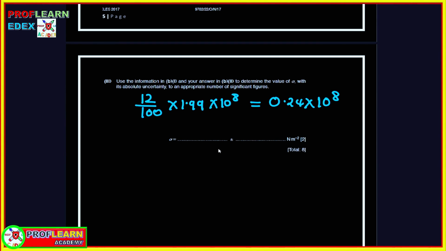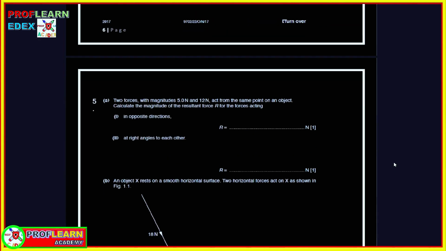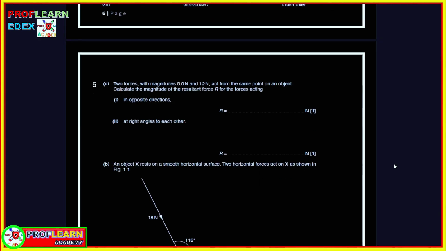So here we can write stress. The stress of this material is going to lie within this range, 1.99 plus or minus 0.24 times 10 raised to power 8, like that.